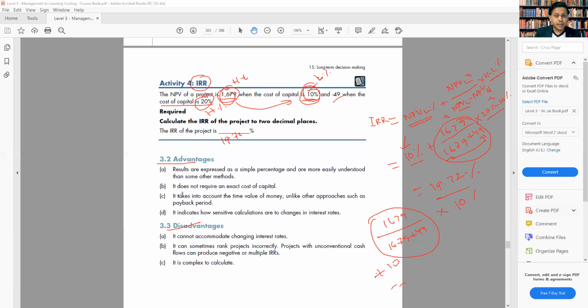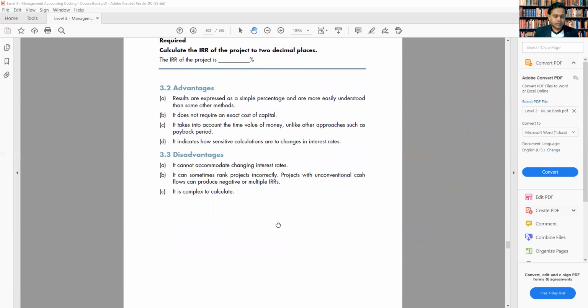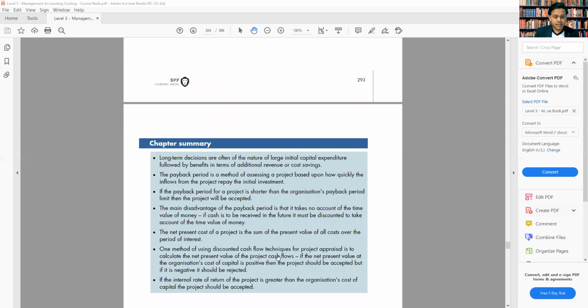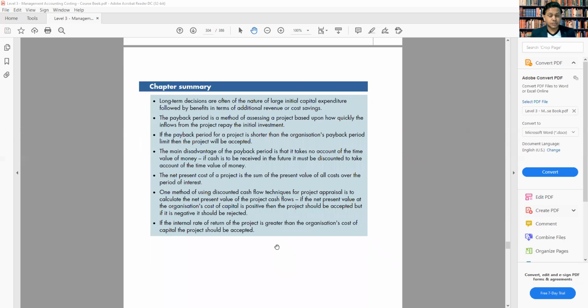Do not skip it, because in the exam it's not going to be the same question. If you do not read the book, you will be in trouble in the exam. All right, so this is the end of the chapter. You can see we don't have much for the last chapter. So this is the end of chapter 15.